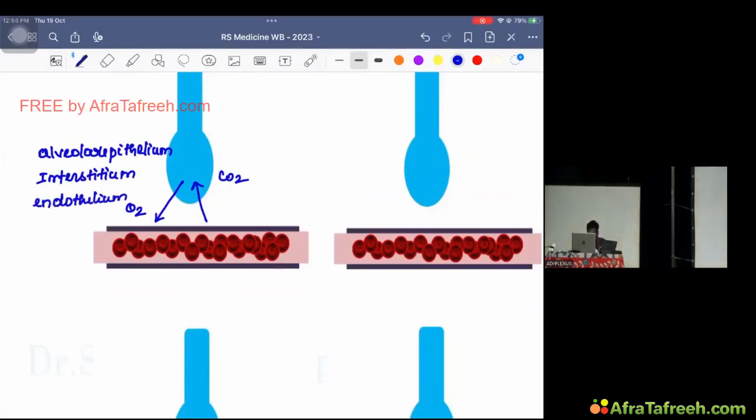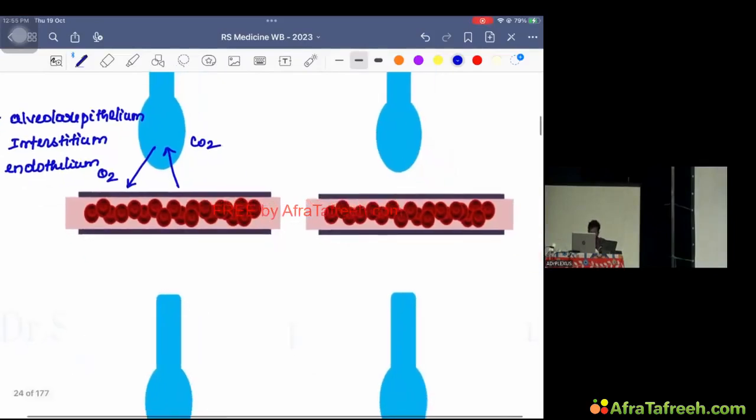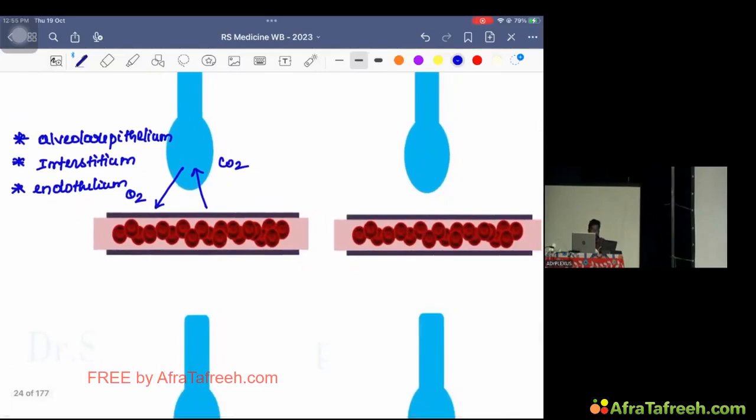It has to cross all these three barriers to enter the RBC. Whenever there is a problem in any of these barriers, your oxygen cannot go and bind to the RBCs, and you are going to demonstrate this using carbon monoxide.